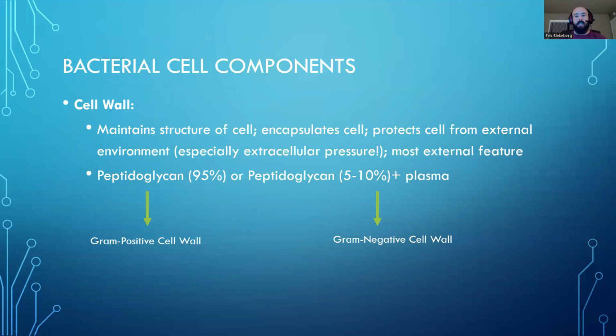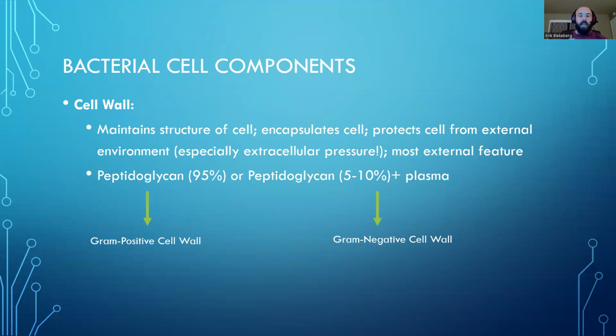It encapsulates the cell, protects it from the external environment, and helps it against pressure, so that it's able to maintain its own pressure. It's like the multiple layers of an airplane, where it's able to deal with all that pressure and it feels the same inside no matter what. That'd be the same thing for the bacteria. That cell wall is a double layer, so that it protects itself against all of the external environment.